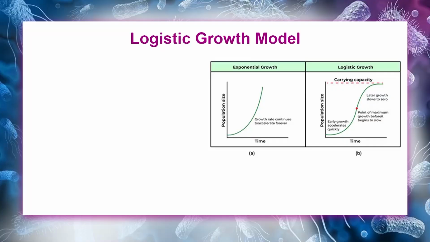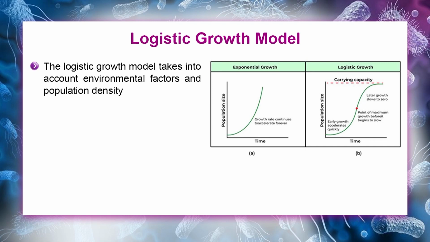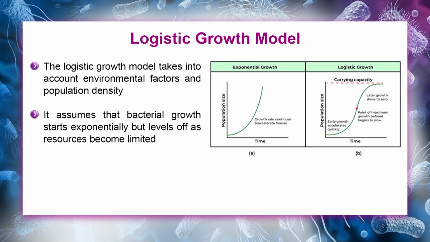Next one is the logistic growth model. The logistic growth model takes into account environmental factors and population density. It assumes that bacterial growth starts exponentially but levels off as resources become limited.